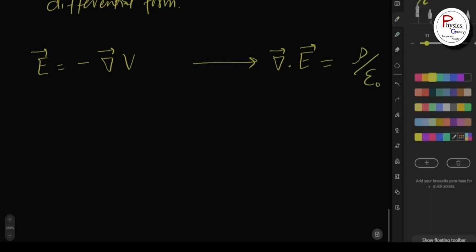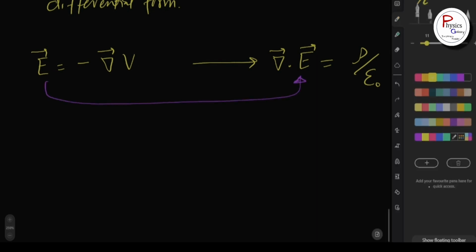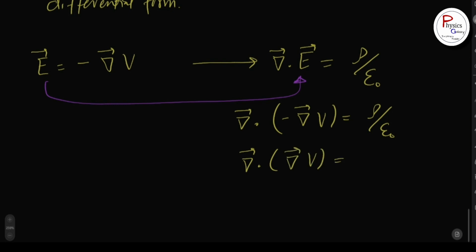So we put this E into this equation. In place of E we write negative gradient of V, so divergence of negative gradient of V equals rho over epsilon naught. Now the minus can be taken to the other side, so we get divergence of gradient of V equals minus rho over epsilon naught.